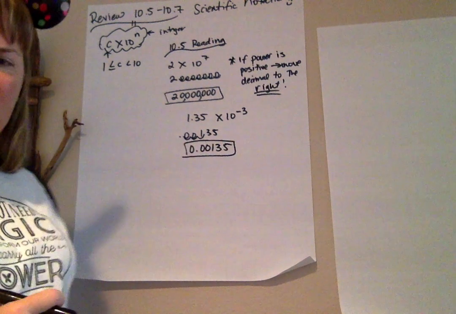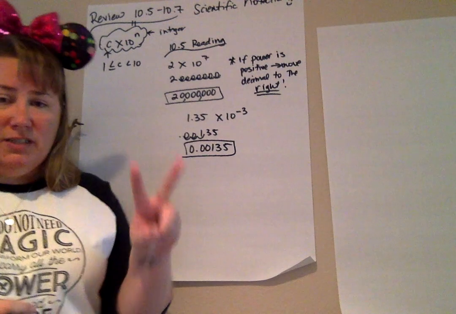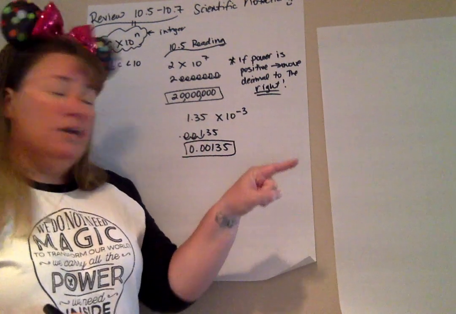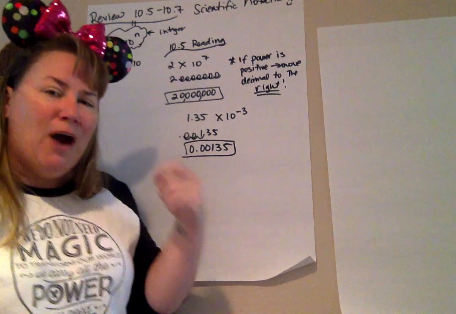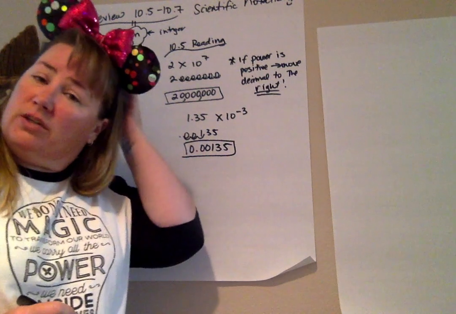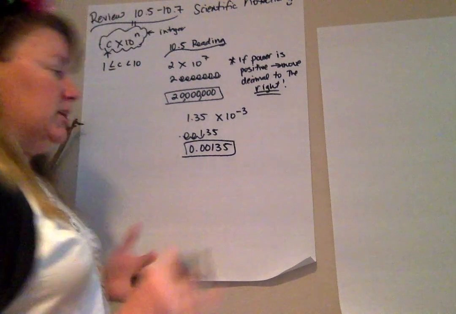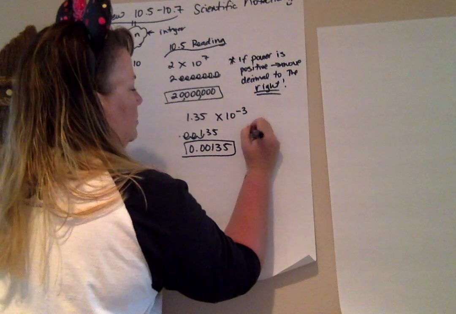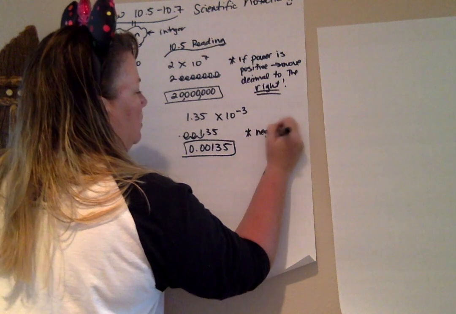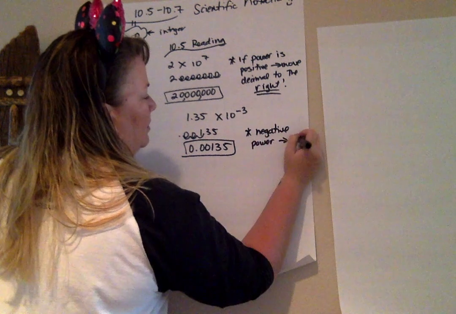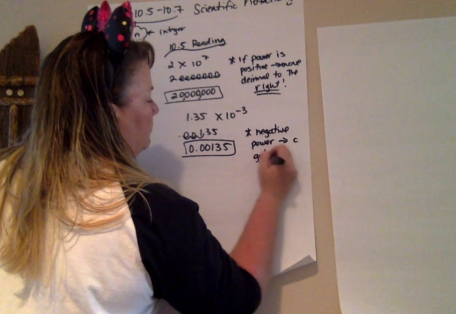Remember that the power tells you 2 things. It tells you the direction to move: if it's positive, you move to the right; if it's negative, you move to the left. And also how many times. Don't forget to check those notes that I gave you picture-wise for your composition book, because they're in there as well. So negative power, C gets smaller.